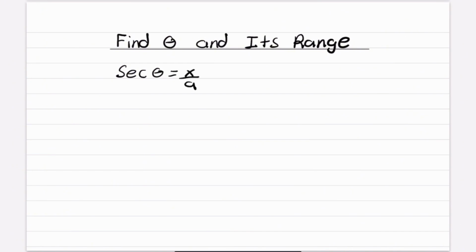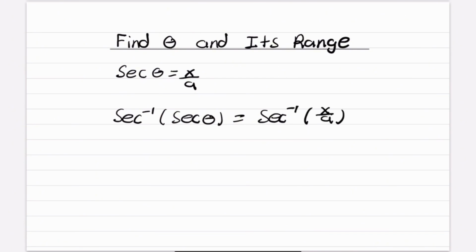And this means that if I were to take inverse secant of both sides, we have secant inverse of secant theta is equal to secant inverse of x over a. So we have theta is equal to secant inverse of x over a. Now, to understand the range of theta, we need to understand the graph of inverse secant. So if I were to draw the graph of inverse secant, it would be as follows.